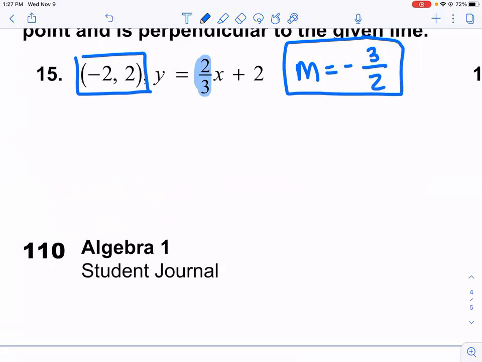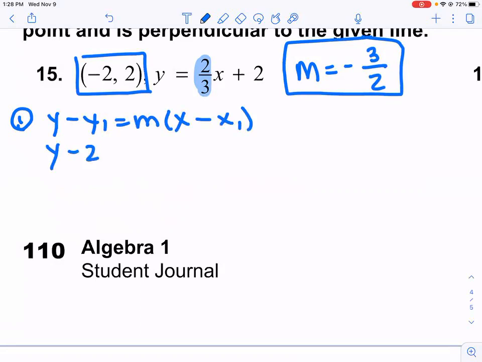Okay, so let's talk about the two ways now that we have to write a line. It is totally fine if you want to use point slope form, like we did on our quiz, where we put in 2 for y, our slope is -3/2, and our x is -2, so x minus -2. Okay, this way just takes a little bit more algebra.